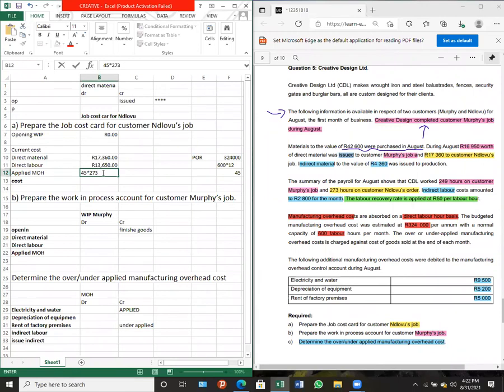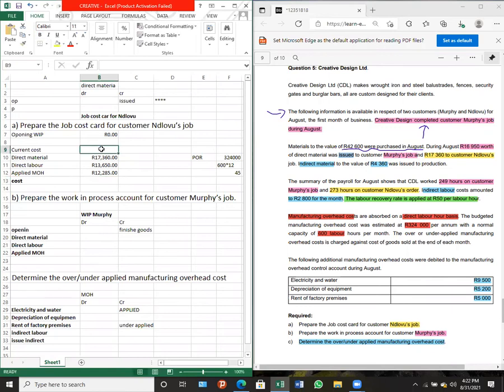Like this, ne? Yeah. Correct, guys, correct. You see how everything comes together to get this. Now the current cost, ne?